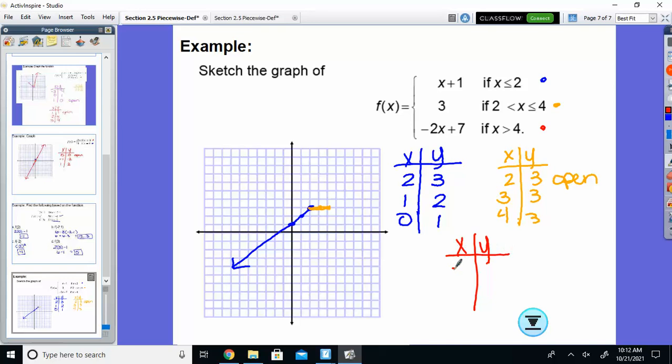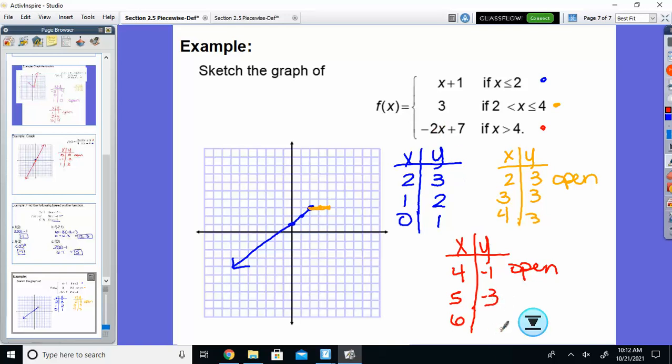And then the final piece. What do I have to plug in first? 4. Open or closed? Open. And then you need things bigger than 4, so maybe a 5 and a 6. Okay, so if I put in 4, -2 times 4 is -8, plus 7 is -1.